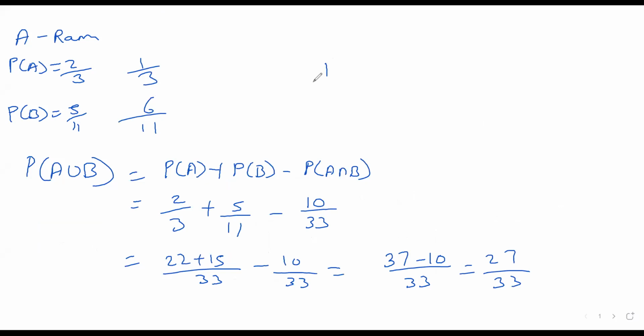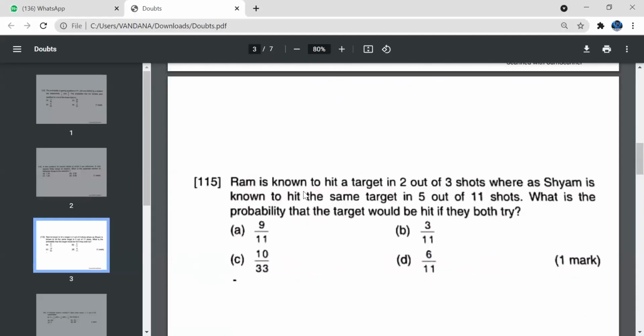So they both will not hit in 1/3 into 6/11, that is 2/11. So they can hit in 9 by 11 ways. 9 by 11 is equal to this 27 by 33. Let us see if we have 9 by 11. Yes, we have, sorry. So they have given the right answer.